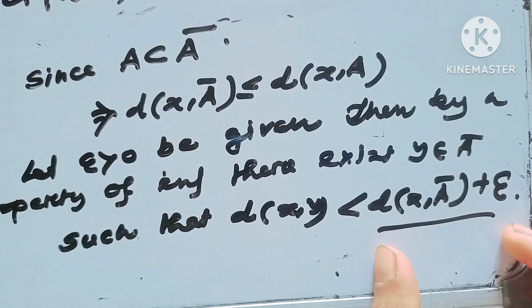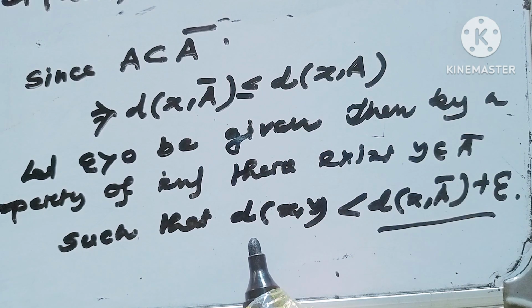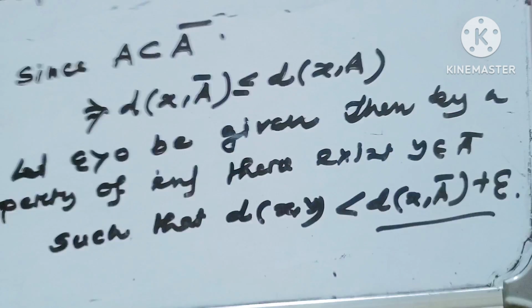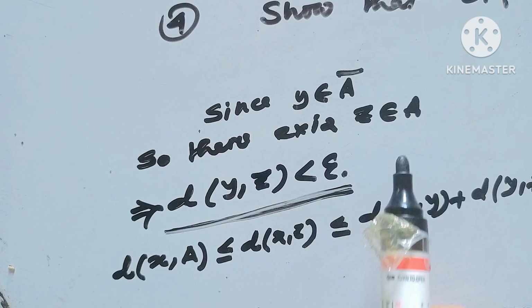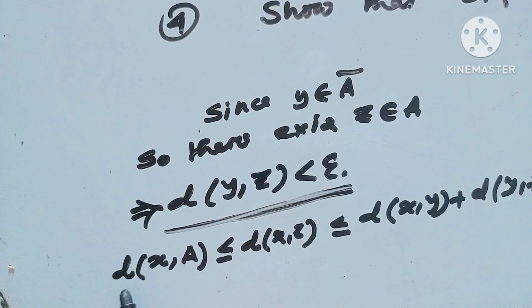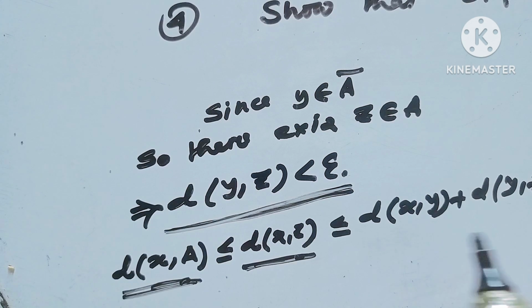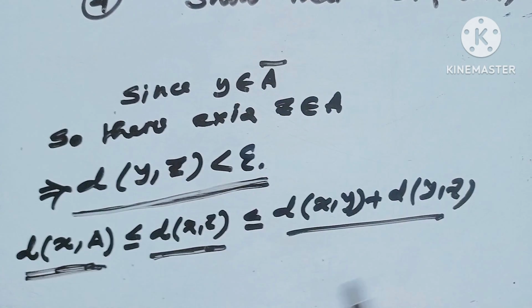That means there exists y belonging to A bar such that d of xy is less than this infimum plus epsilon. Take z belonging to A, therefore d of xA is less than or equal to d of xz, and use the triangle inequality: d of xz is less than or equal to d of xy plus d of yz.